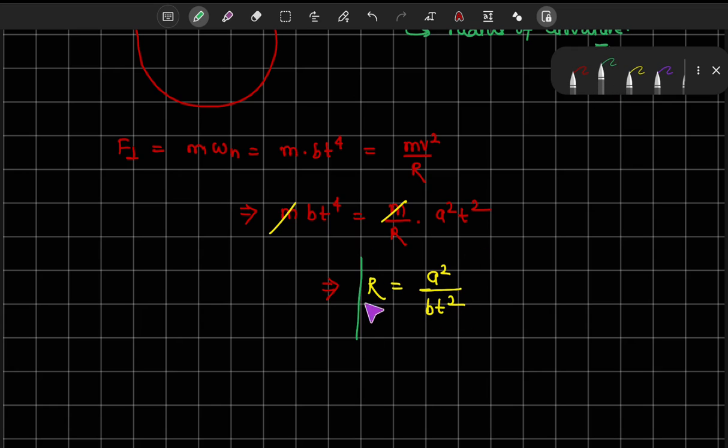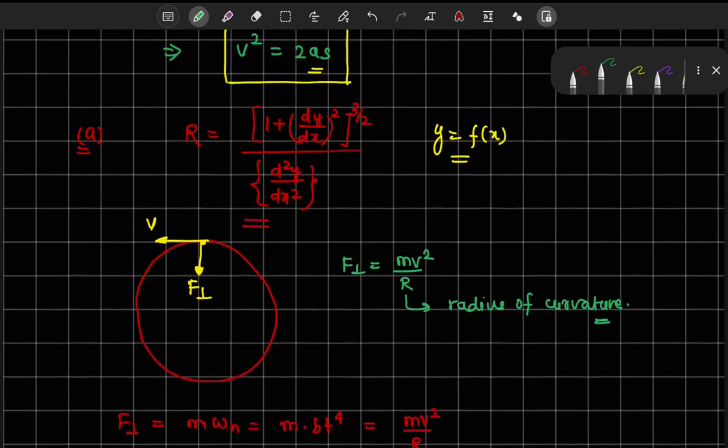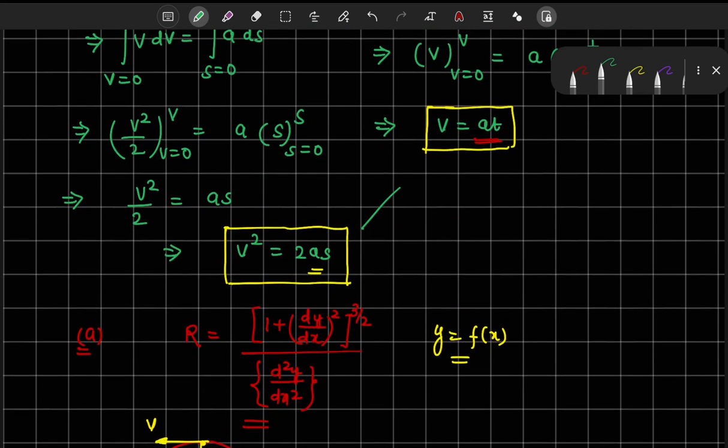Okay, so this is the radius of curvature we got in terms of time, but we have to find it in terms of distance. So for that we can equate these two things, and we will find the relation between time and distance. Okay, so we can write at is equal to root 2as, so at whole square is equal to 2as, so a square t square is equal to 2as, and from here we can find t square is equal to 2s by a.